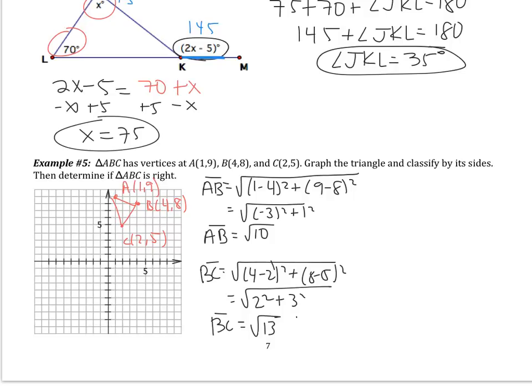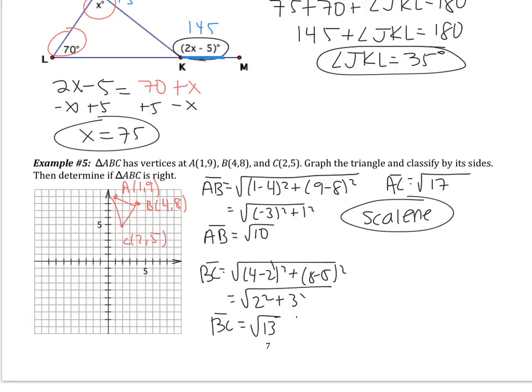So it could be scalene, it could be isosceles. Can't be equilateral because my sides are not all congruent. And then we have AC to do. If you did the distance formula for AC, you would get a square root of 17. Okay, all sides are different, so this is a scalene triangle.